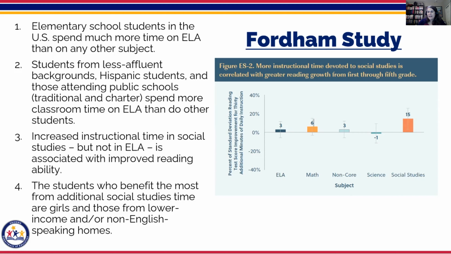With increased ELA instruction time, you're not getting much bang for your buck. Math is a little bit more. Non-core subjects are about the same as ELA. Science actually showed a little decrease, but social studies at 15% was the only statistically significant increase: 30 minutes of daily instruction in content actually increased literacy scores.